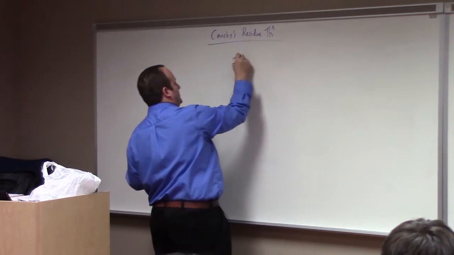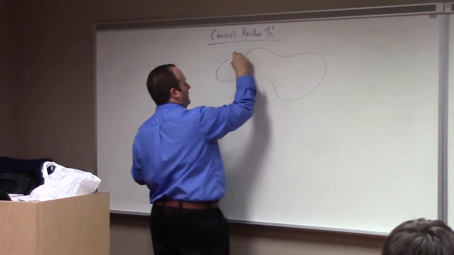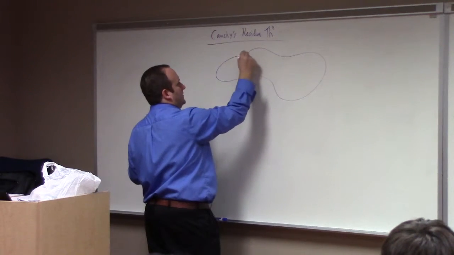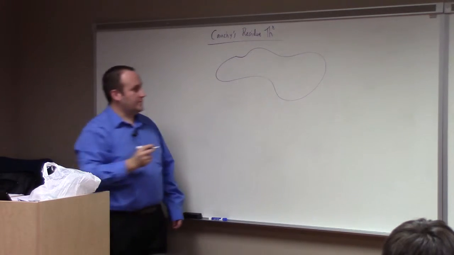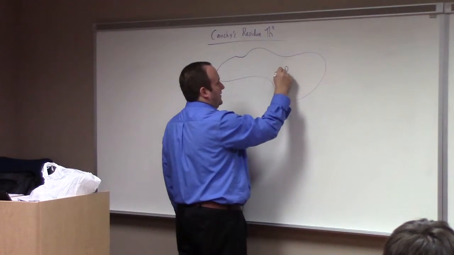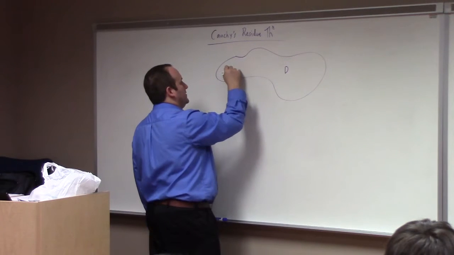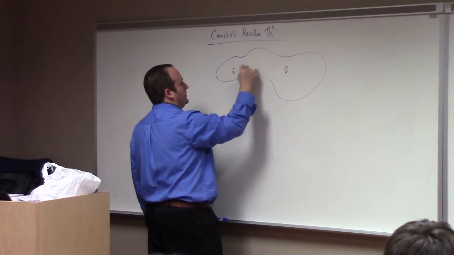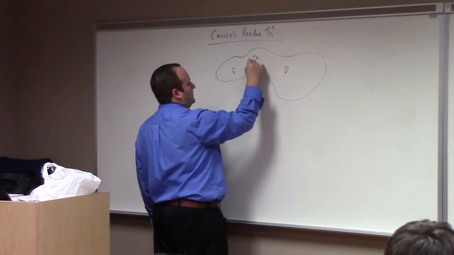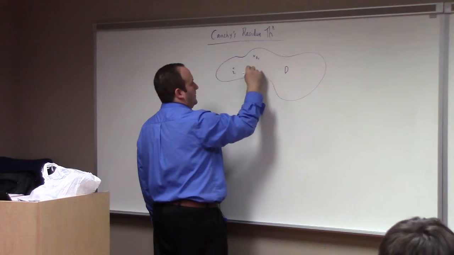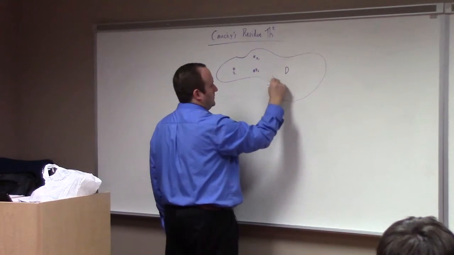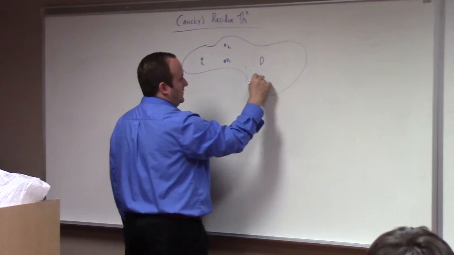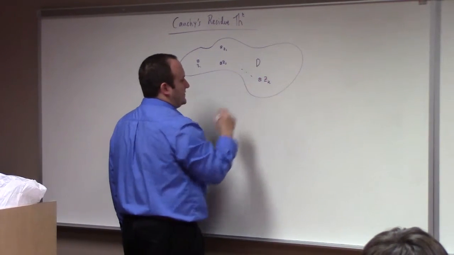Basically, if you've got some closed contour, and this whole thing is D, and inside D you've got some, say, Z1, Z2, Z3, maybe you've got K of these singularities, ZK.